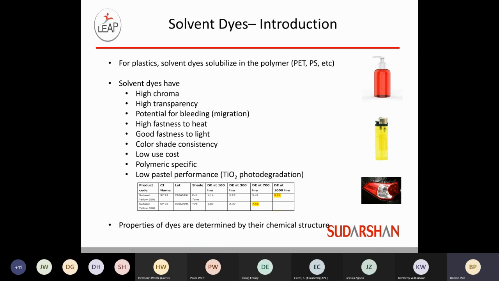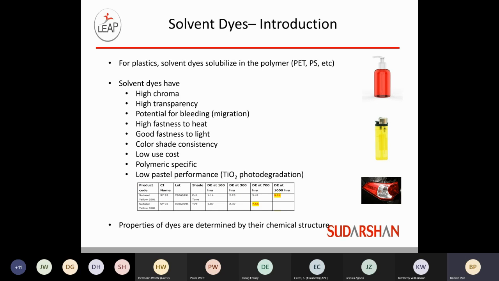And the data here I have is just one example of solvent yellow 93, taking a look at the Xenon 4000 weatherability here.